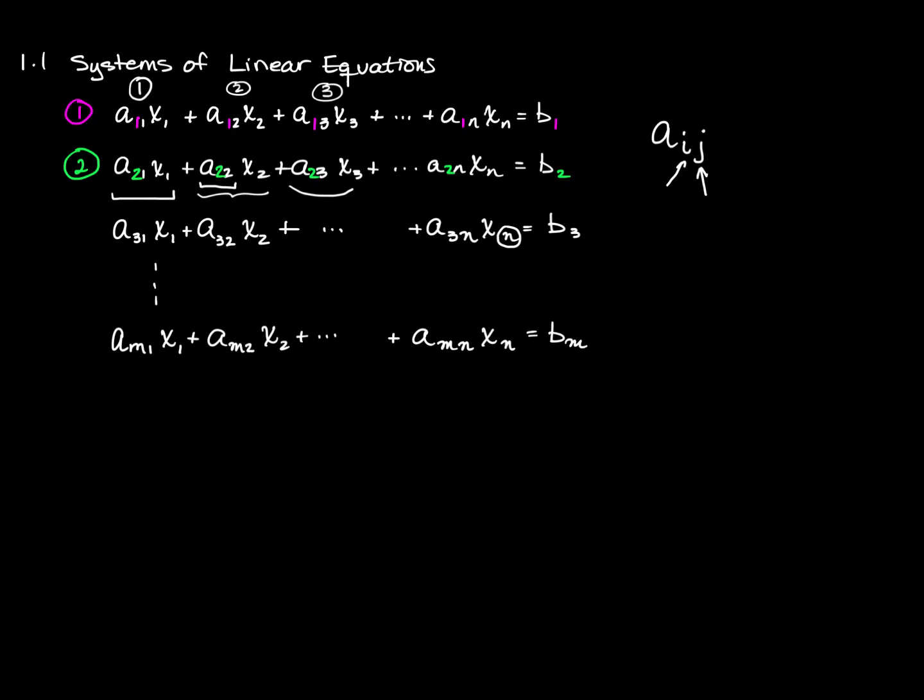Okay, so once again, I've gone to the extreme and given you a definition of what it means to be a system of linear equations by giving you almost the biggest possible example. But let's take a look at a smaller example.